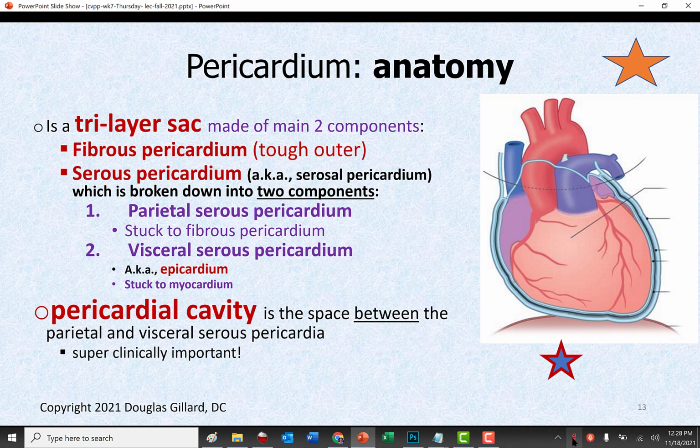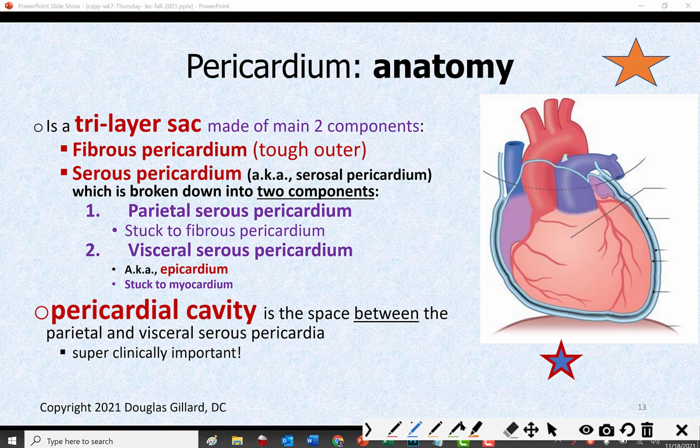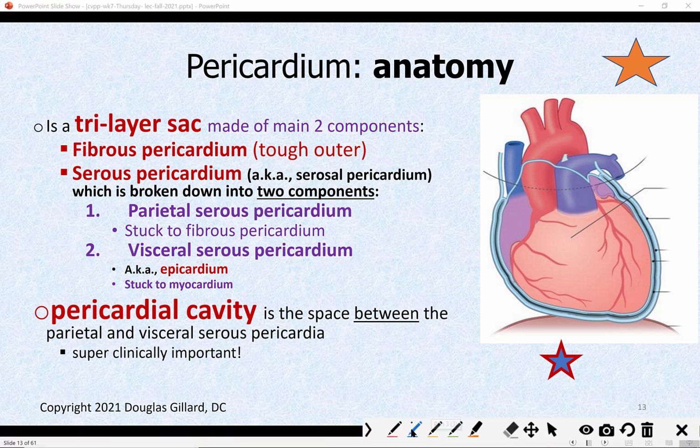I guess I can draw this. Let's go with red. So we have an outer layer. That's the fibrous pericardium. Just draw a little bit of it. Then we have the parietal layer of the serous pericardium, which is green here. Those two are stuck together.